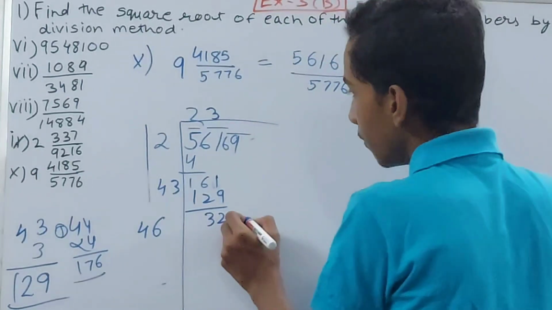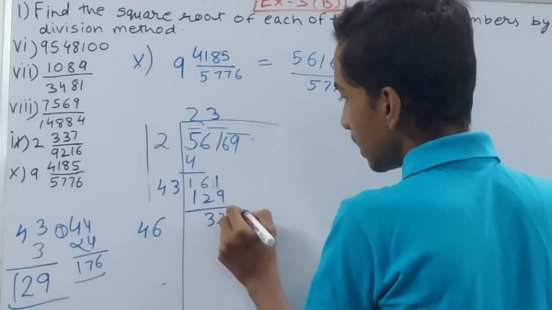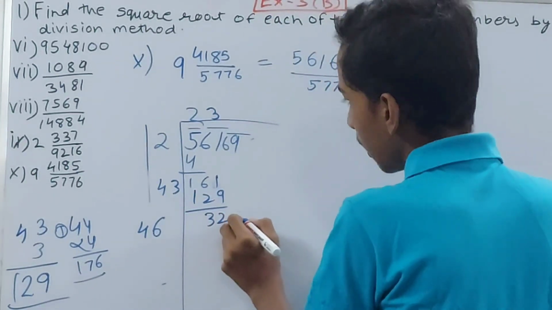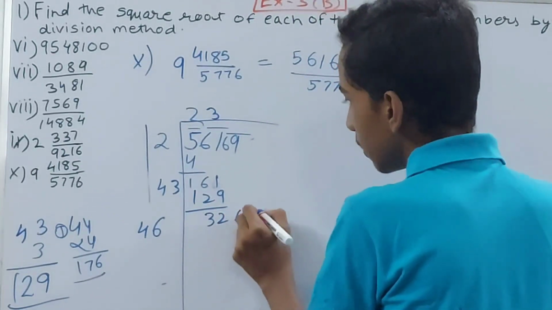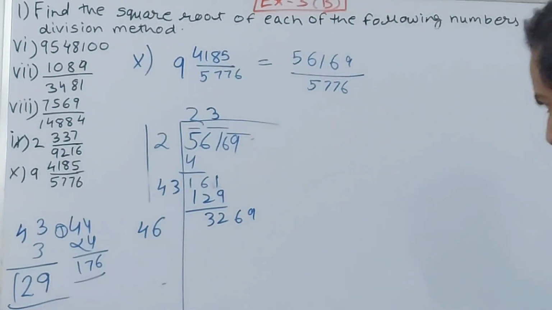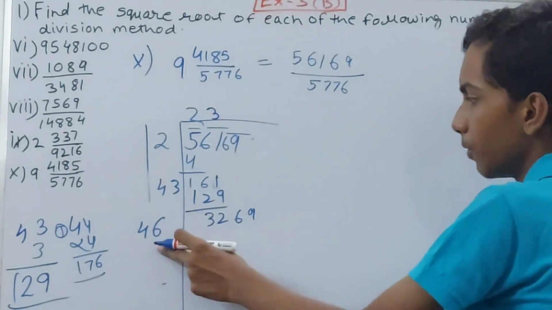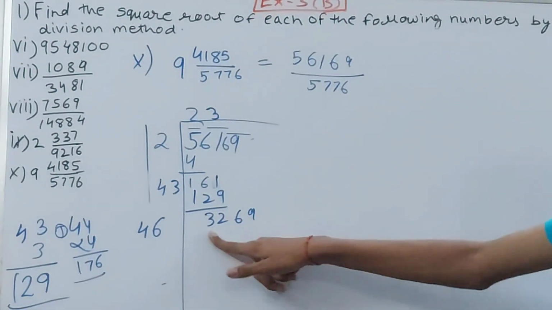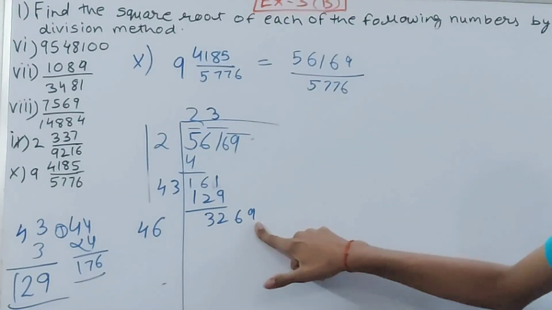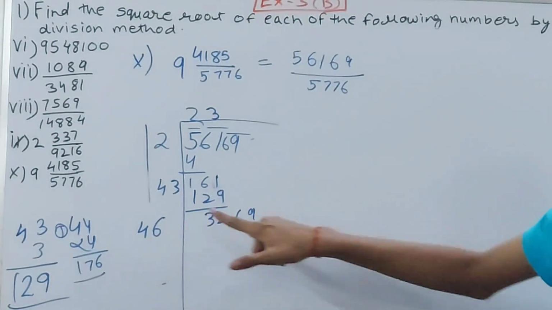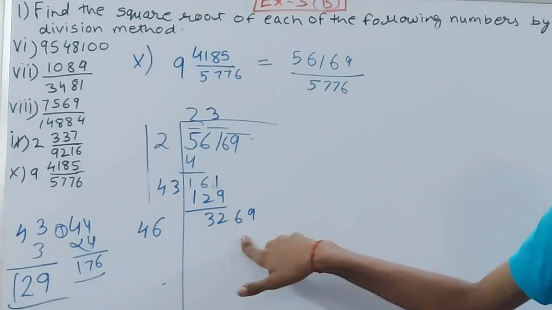Now we have the other pair, that is 69. Bring it down, right? Bring down your 69. Okay, 69 we have brought it down. Now see here, 46 and 3269. Now 46 and 3269, this will go easily.